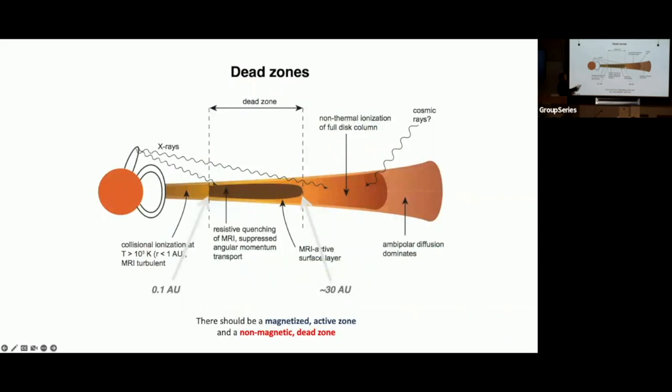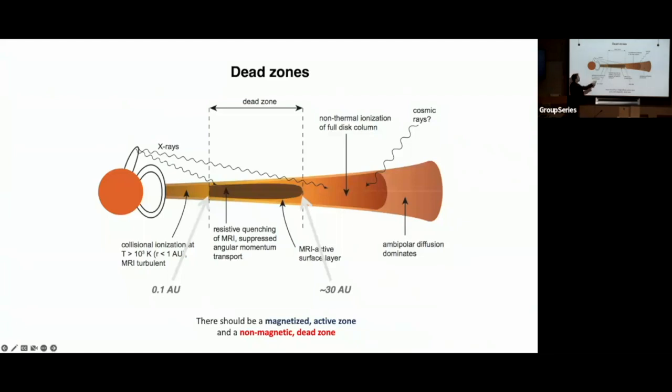In the inner part, there is enough ionization because the gas here is hot enough to be ionized by collisions, right? The molecules hitting each other lead to sufficient ionization. And in the outer parts, even though the disk is cold, the column density is thin enough that X-rays from the star and cosmic rays from the galaxy can go all the way through and give you ionization for the whole column of the disk.